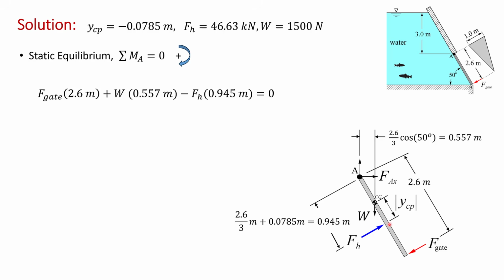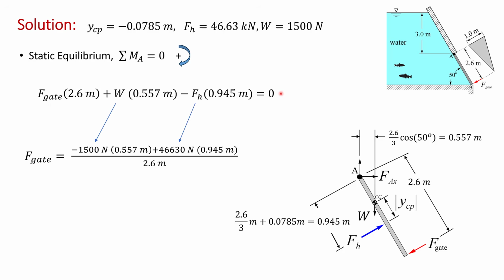As we calculated in the previous slide, it acts at a distance of 0.0785 meters below the centroid. So we've got to add that distance to the distance from the hinge to the centroid, which is 2.6 meters divided by 3. And that works out to a total distance of 0.945 meters. So that's the moment arm on F_H, which acts in the counterclockwise direction. And all of this sums to 0.